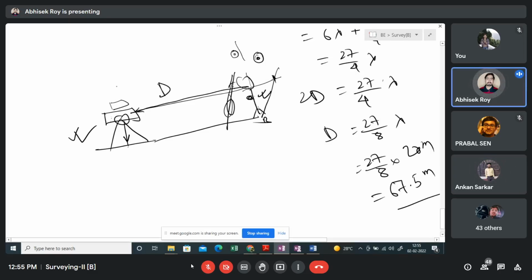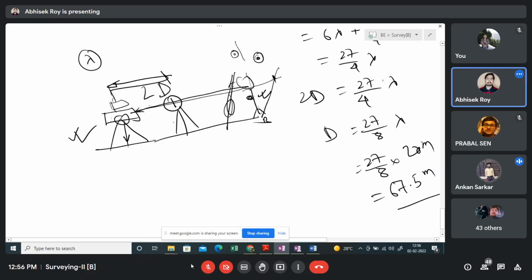In case of a smaller distance, 2D obviously will also be less. If you place it here, 2D will be less. Total distance will be this much, right? Yes, sir. And as the wavelength is very small, there is no fixed minimum distance which you have to measure, so you can measure.